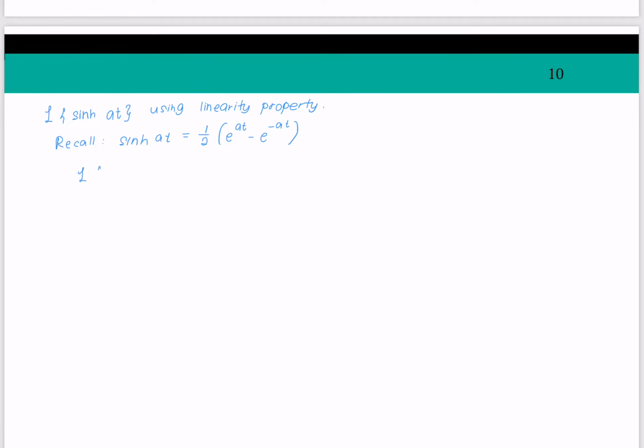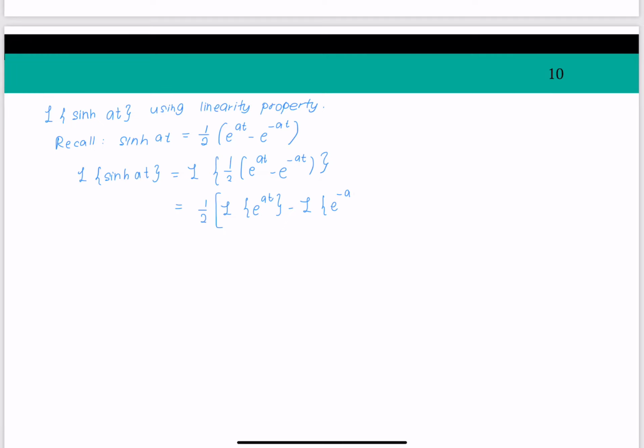So the Laplace transform of sine at is equal to the Laplace transform of 1 over 2 multiplied by exponent at minus exponent negative at. Right, so 1 over 2 is just a constant. You can take it out. So 1 over 2 Laplace transform of exponent at, minus Laplace transform of exponent negative at.